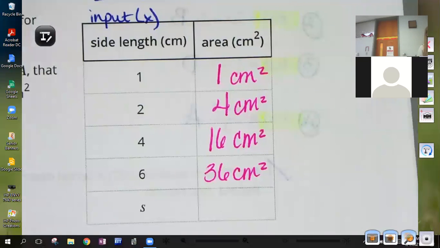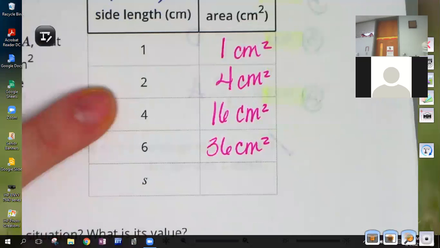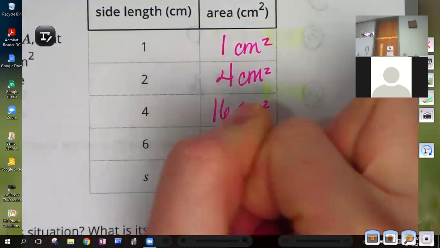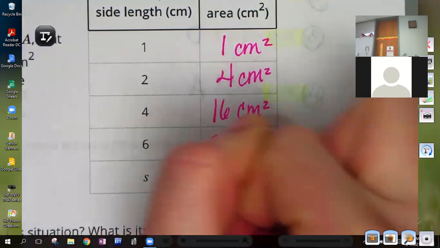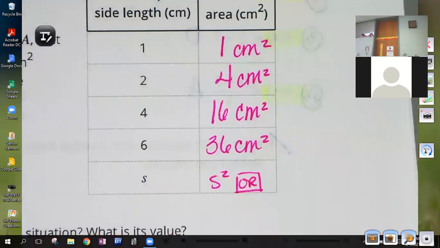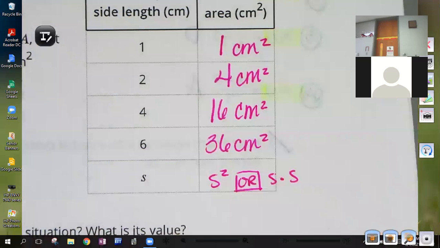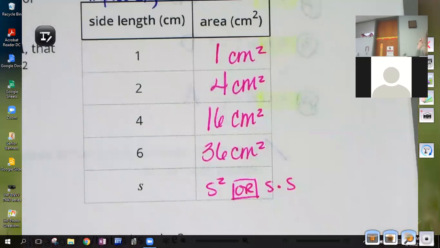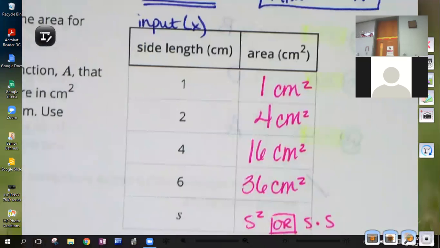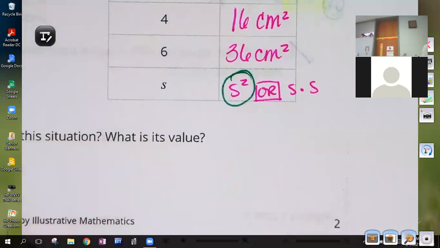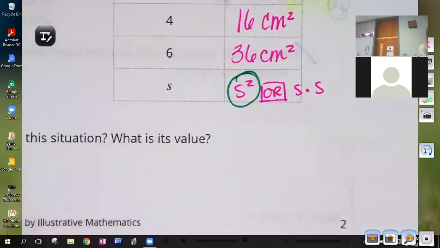What did we do every single time they gave us a side length? We squared it. Or someone else said it a little differently. You multiplied it by itself, so we did s times s, which is s squared. So however you thought about it, we could represent it both ways. But for the sake of us all being on the same page, I'm going to use this one. They're both correct, but I'm going to use that one.